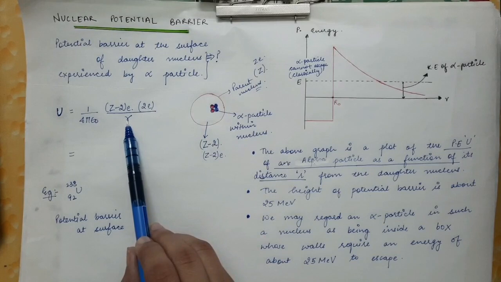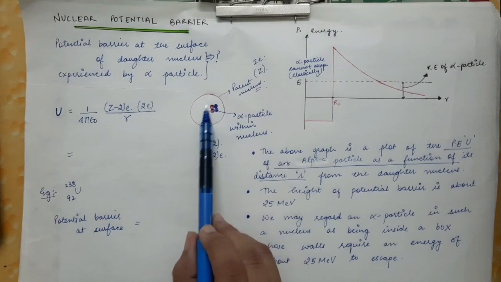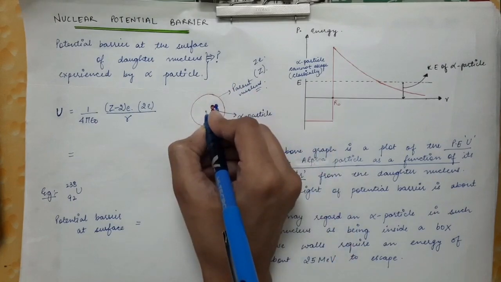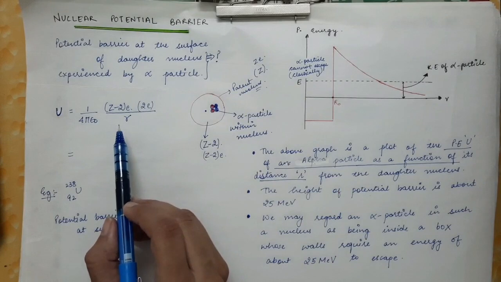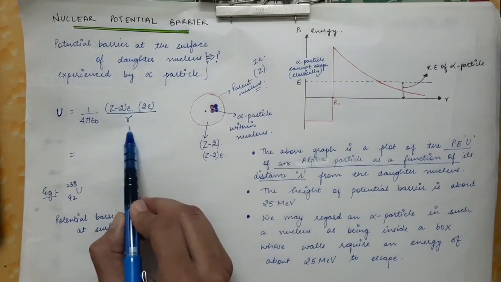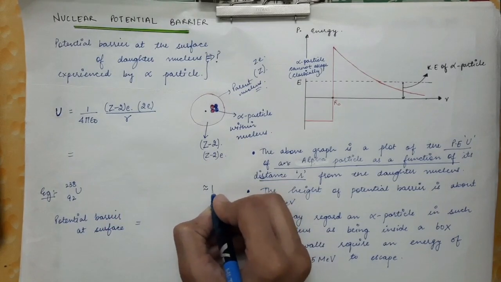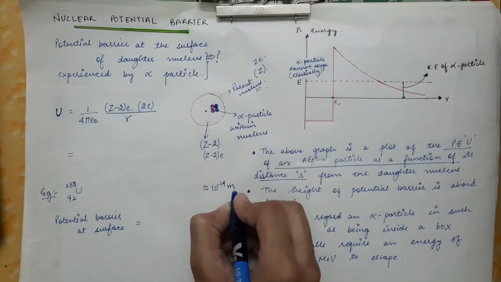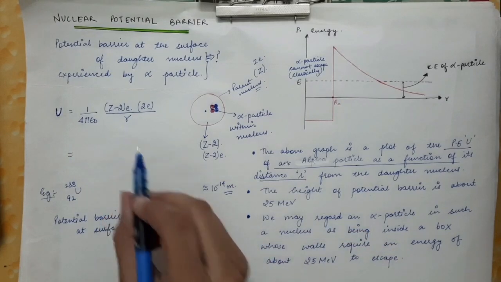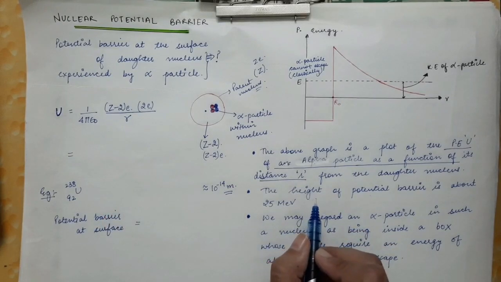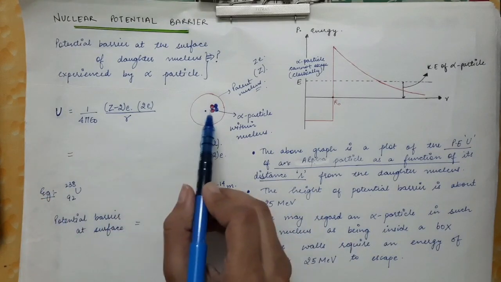So this distance will be between the alpha particle at the surface and the center of the nucleus. That gives you the distance r between the two charged bodies, and this radius is about 10 power minus 14 meters. Generally, for any heavy nuclei, this distance comes out to be about 10 power minus 14 meters.